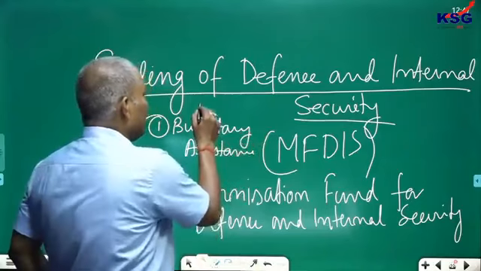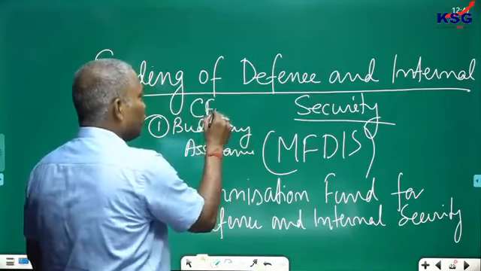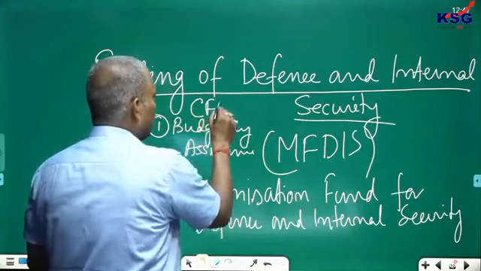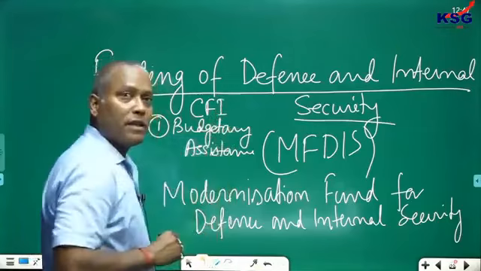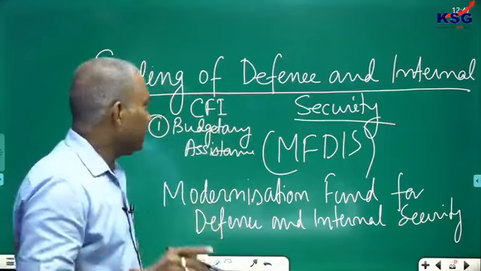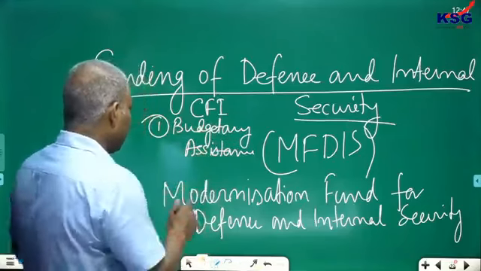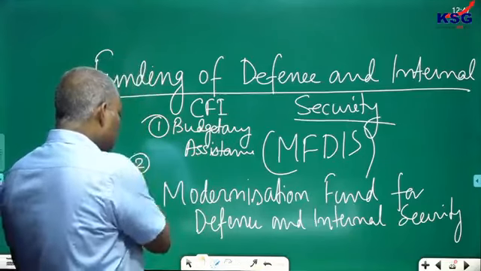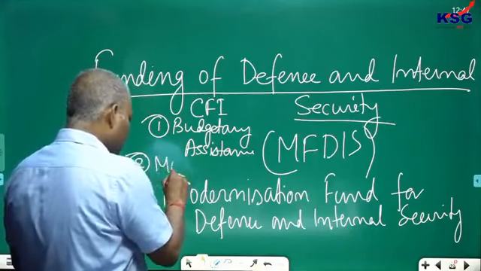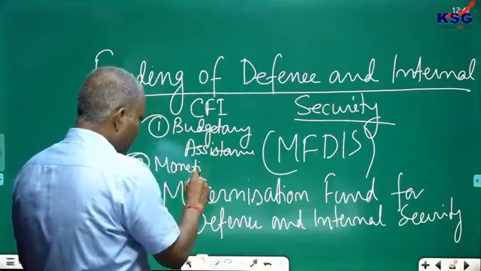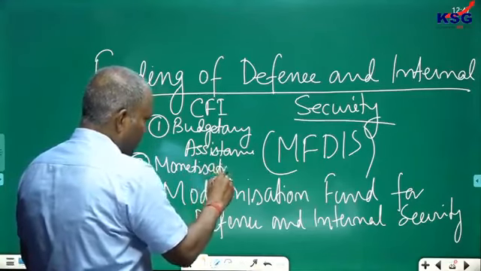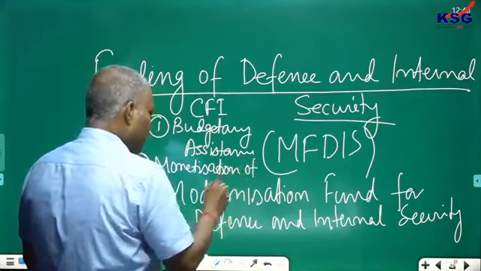You are getting it from the Consolidated Fund of India. So from the Consolidated Fund of India you can get a fund, one part that is known as the budgetary assistance, and the second part you can get after monetization.